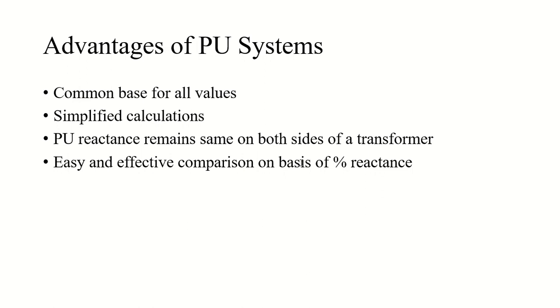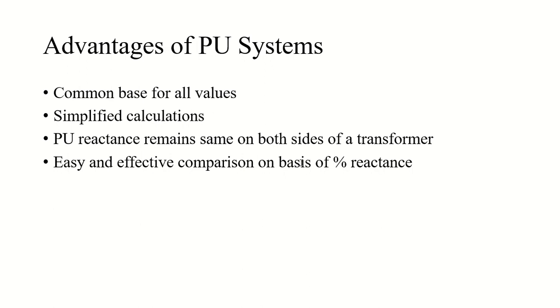In one system there will be voltages like 33 kV, 66 kV, and also voltages like 230 volt. So how will you deal with all that? You can convert them to the per unit system and then do the calculation. It will be more simplified.